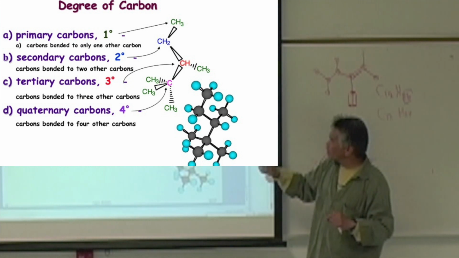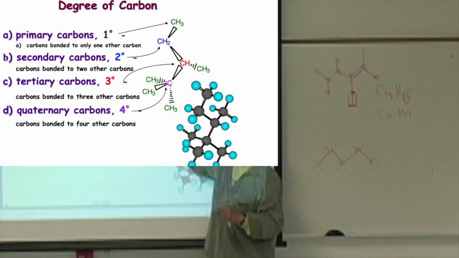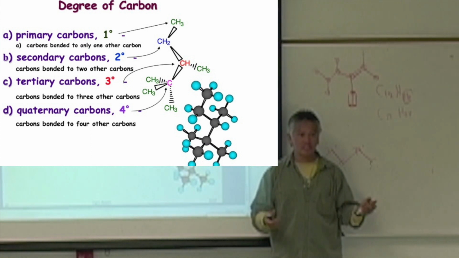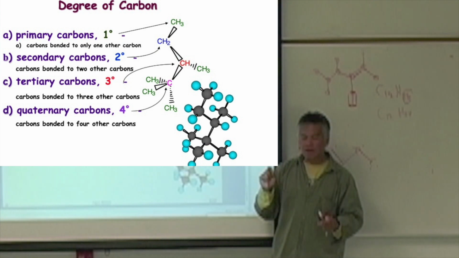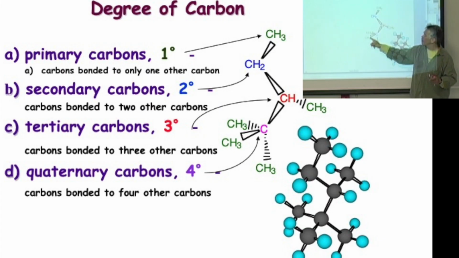Real quickly, you can see that this structure right here has 1, 2, 3, 4, 5, 6, 7, 8. It's an octane. It's a specific isomer of octane because it's got 8. But I want to illustrate a couple of things. You see these carbons at the end? They're only attached to one other carbon. These are called primary carbons, because they are only bonded to one other carbon.